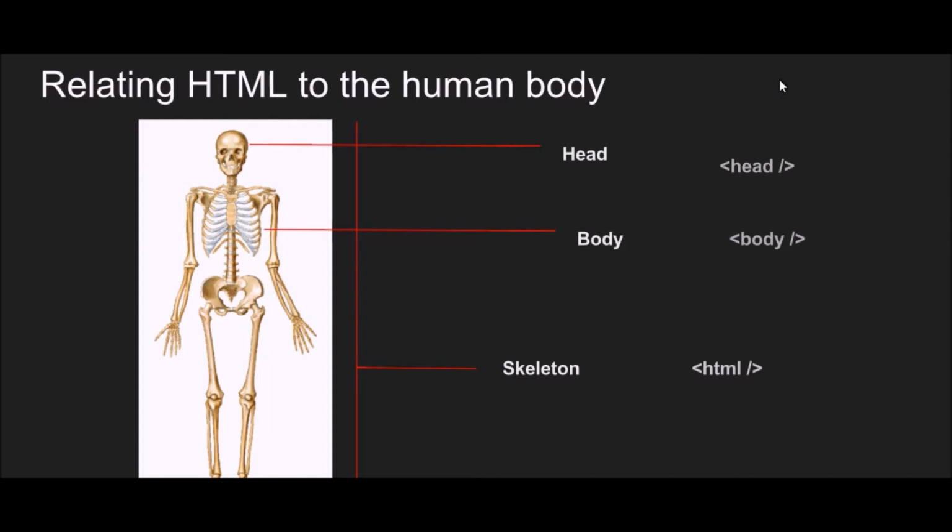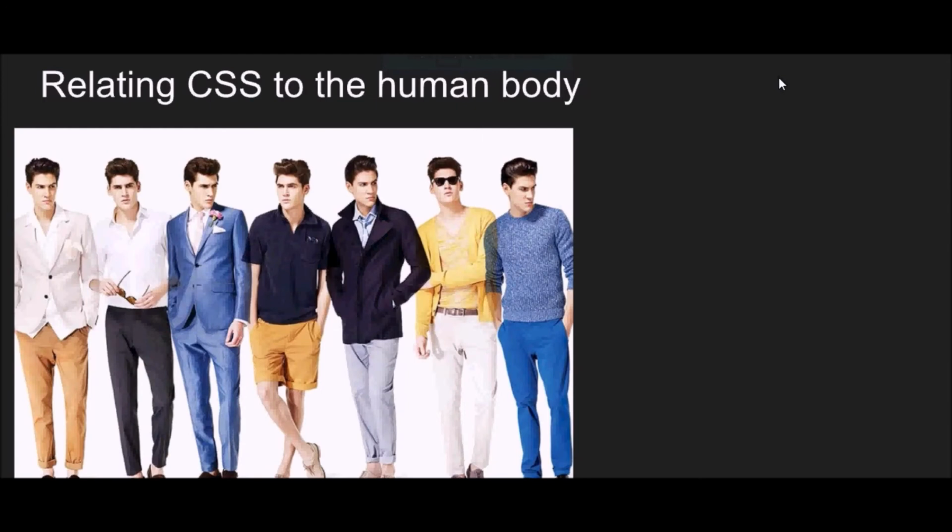So hopefully you got a basic understanding of what HTML is right now. Similarly, the human body needs something to wear, so you will have different clothes to wear. This is the same concept in CSS. The HTML can be the whole body itself, and the clothes can be related to CSS because you can have different clothes and different colors. I hope you got an understanding of what CSS is now.